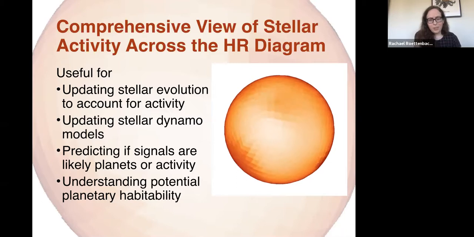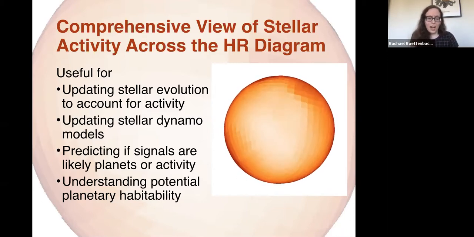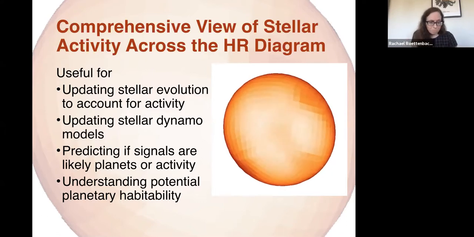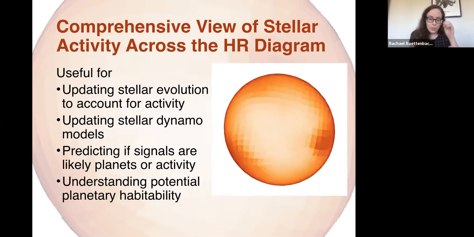And predicting whether a signature that we see in radial velocity is actually from a planet or from a star spot, and really understanding what the habitability of these planets really is once we do a better job of characterizing them.